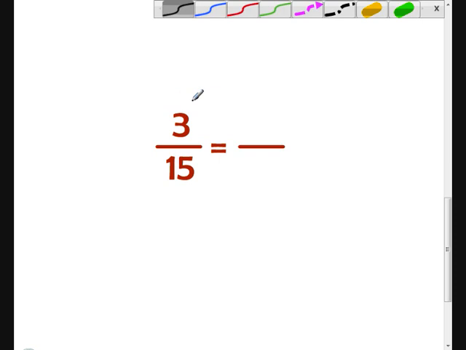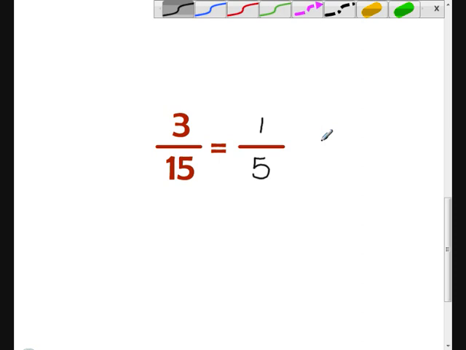And in this case, that number would be 3. If I divided 3 by 3, I would get 1. And if I divided 15 by 3, I would get 5. 15 divided by 3 is 5. So there's another equivalent fraction. That's the simplest form of 3/15.